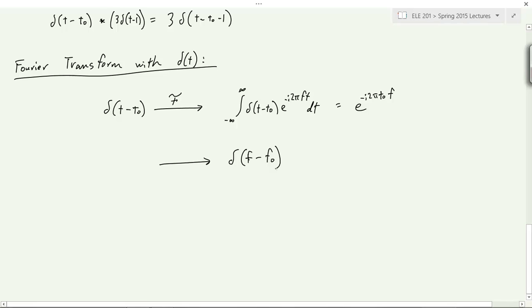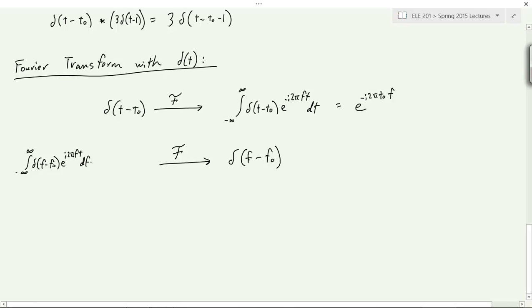Okay, and we want to know what time domain signal that corresponds to. Well, to calculate this, we can do an inverse Fourier transform. Of course, here the inverse Fourier transform looks almost the same. Plug in our frequency domain signal, and we're just missing the negative up here.